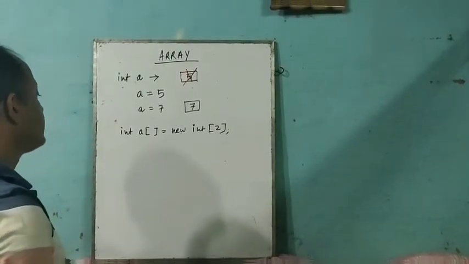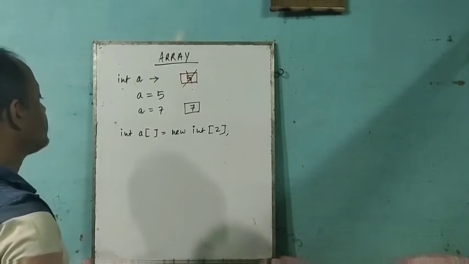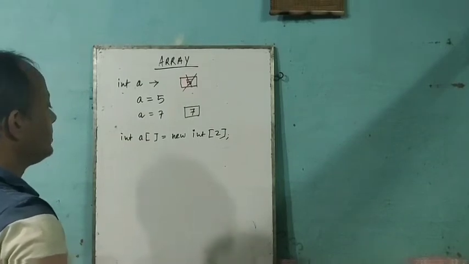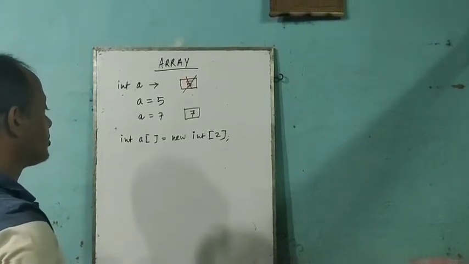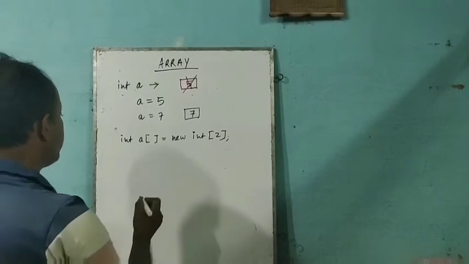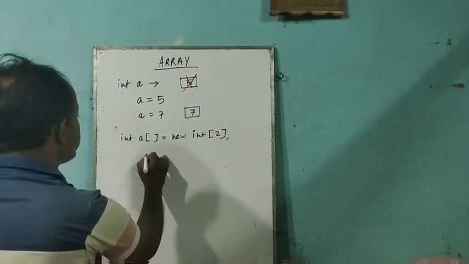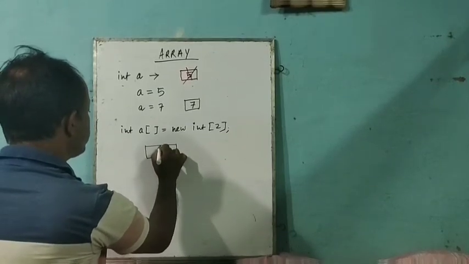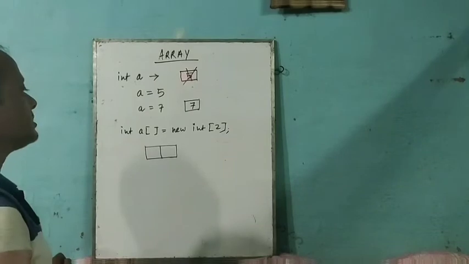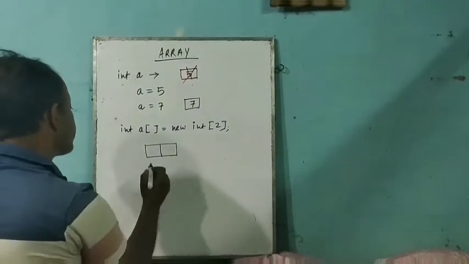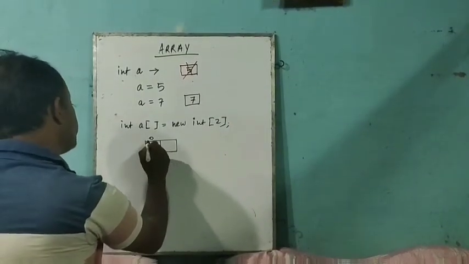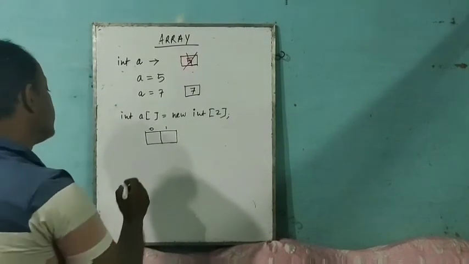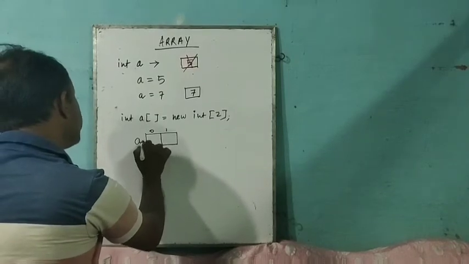In this declaration, we have created one integer array A with two storage locations. That means two compartments. This is compartment or cell number 1, this is compartment or cell number 2. The name of this array is A.